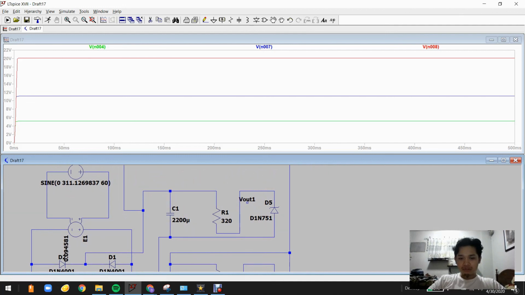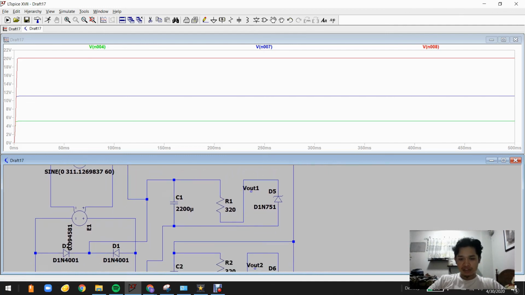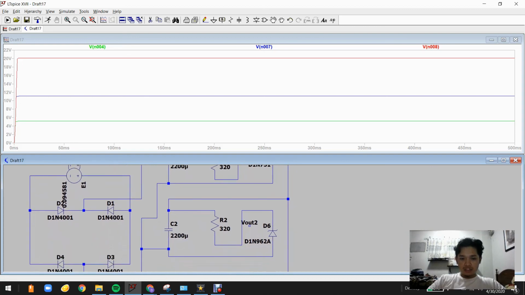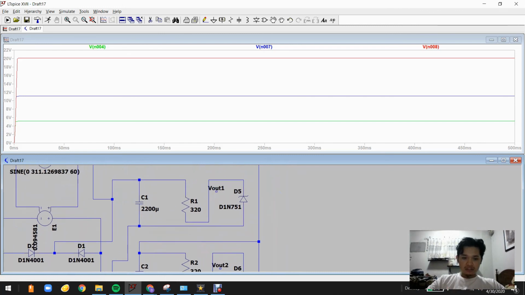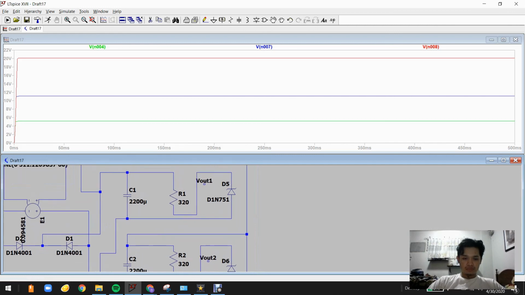And I used a specific Zener diode so that it could process these voltages, so that the desired voltages, the 20, 11, and the 5 voltage would come out of this circuit.